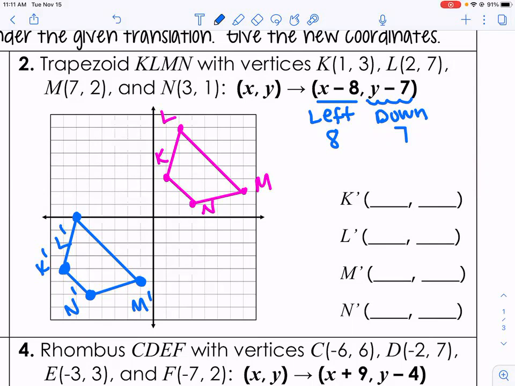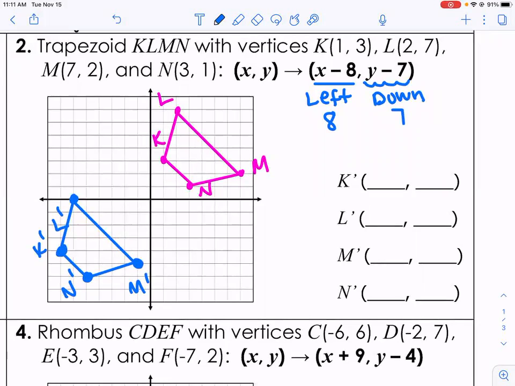Okay, so now let's talk about what these coordinates are. So K prime is right here. In order to get to K prime from the origin, we would have to go left 7 and down, how many? 4, right? Isn't it -7, -4? K prime. Okay. For L prime, it looks like from the origin, we have to go left 6.